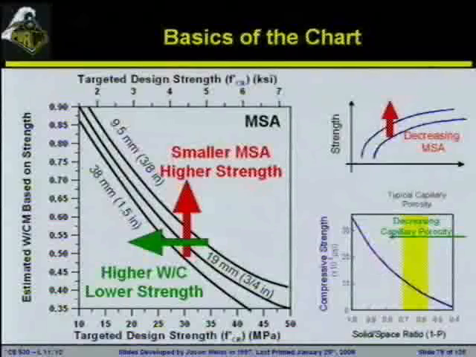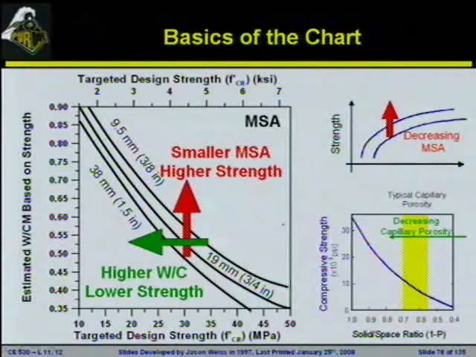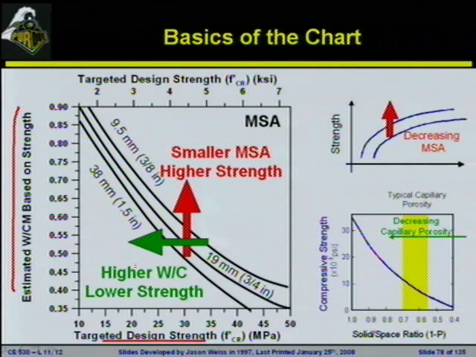Again, metric table. Now, we can take some of these basics off the same type of chart that we were looking at before. We could take this exact same information and start to plot it on a graph like we see in front of us here, where we've got a design strength, a required compressive strength, versus the water to cement ratio estimated based solely on strength.